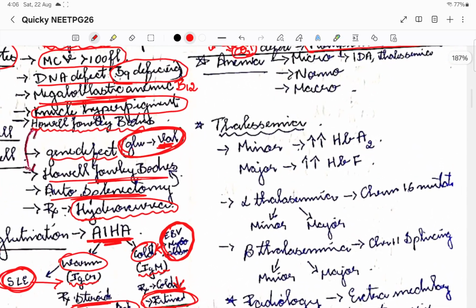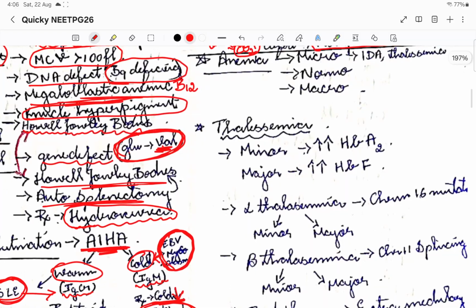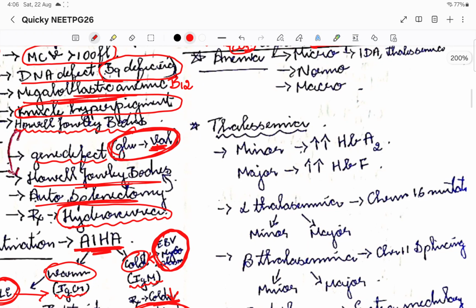Okay. Now that we are done with all the structural abnormalities, let us know a little about anemia, because they have been interested in asking about iron deficiency anemia. So let us see what this anemia is and what thalassemia is.